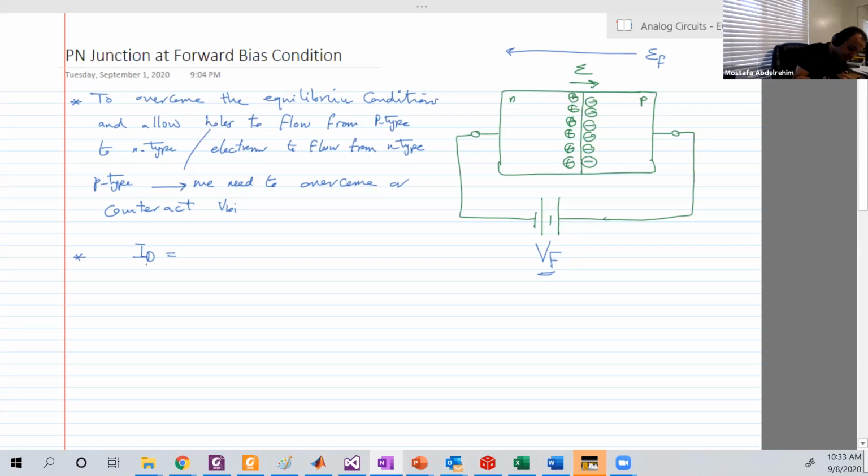That's why I call it D here, is equal to I naught, some constant, I will explain in a moment what I naught is, multiplied by e to the power VD, the voltage across the diode or the junction, over VT, which is the thermal voltage, kT over q, 26 millivolts at 300 degrees Kelvin, minus 1.